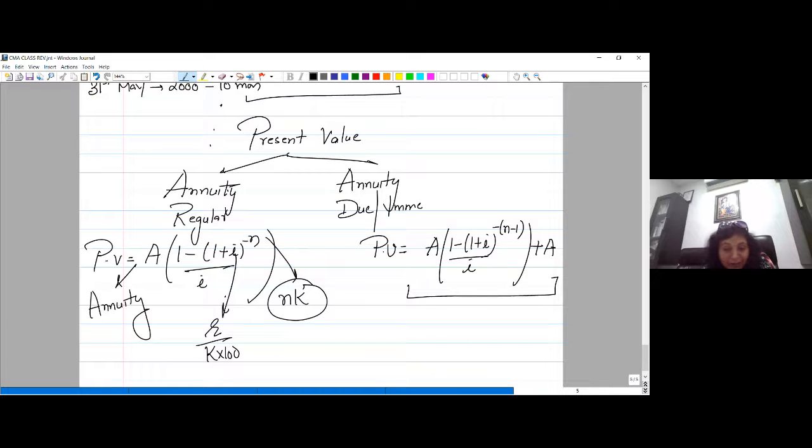Now let's try to solve some questions so that you have clarity on what is present value and what is future value. So let's take an example from your book.